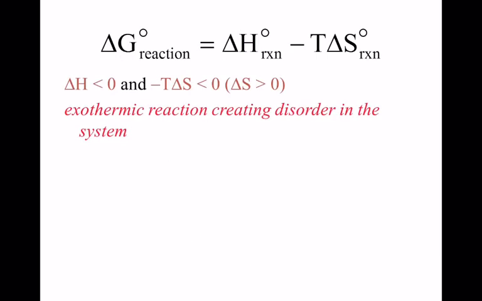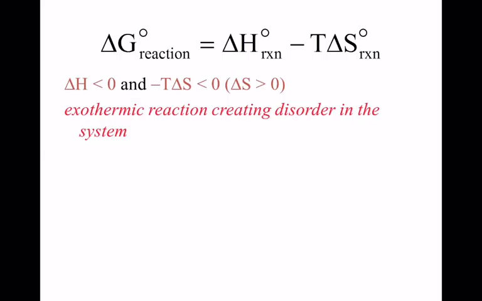Okay, so we're going to talk through 4 scenarios. There are 4 scenarios on these next 4 slides, and in each one of them, we are going to evaluate the situation for spontaneity. Is your delta G negative or positive? In this first case, we're going to go with a negative delta H, a negative enthalpy, which favors spontaneity.